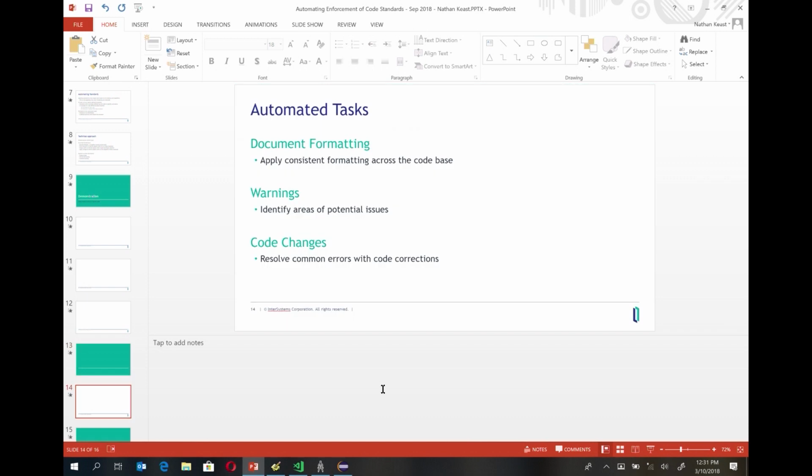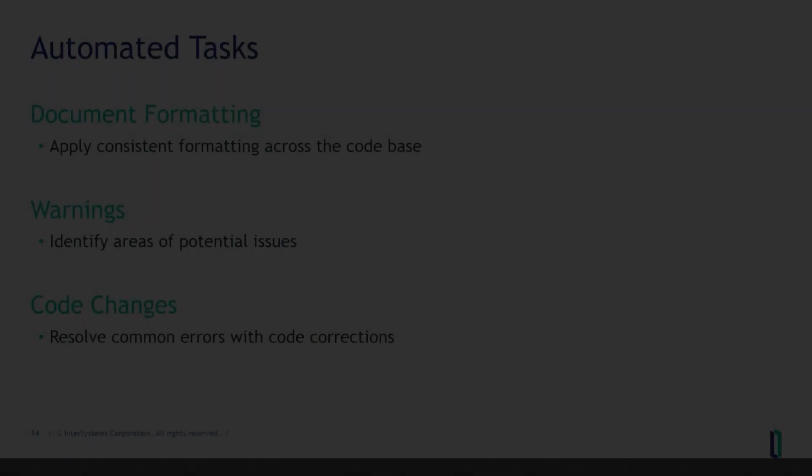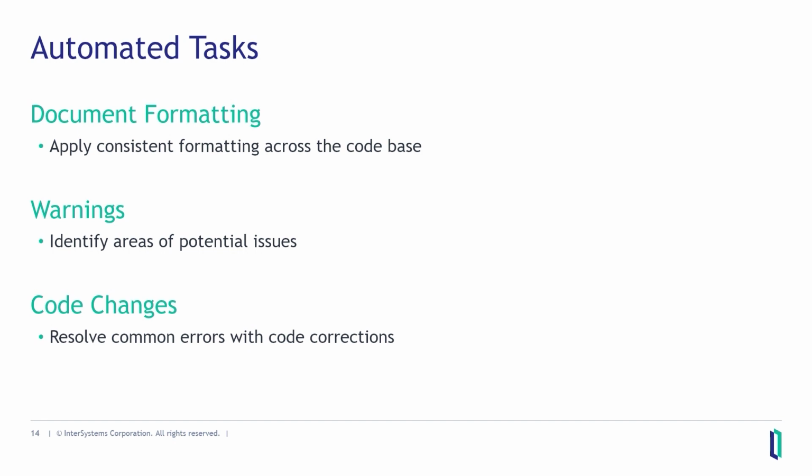So again, I just want to reiterate that you can do whichever kind of level suits you in terms of your application. If you just want to do a little bit of beautification, no worries, have a go. You can do warnings where you still want to leave the developer in control of the code itself and don't change it automatically. Just bring their attention to it.